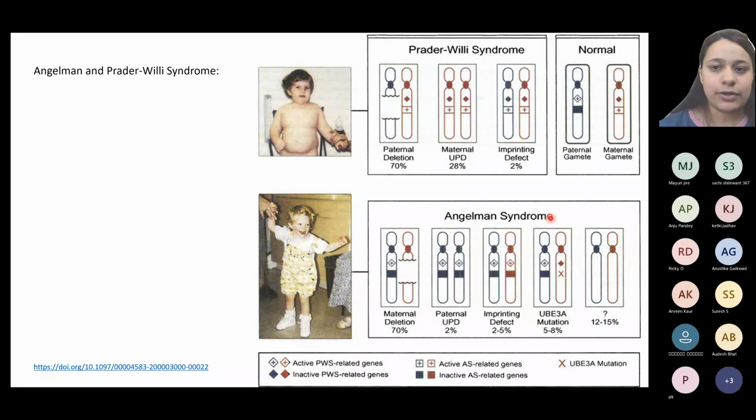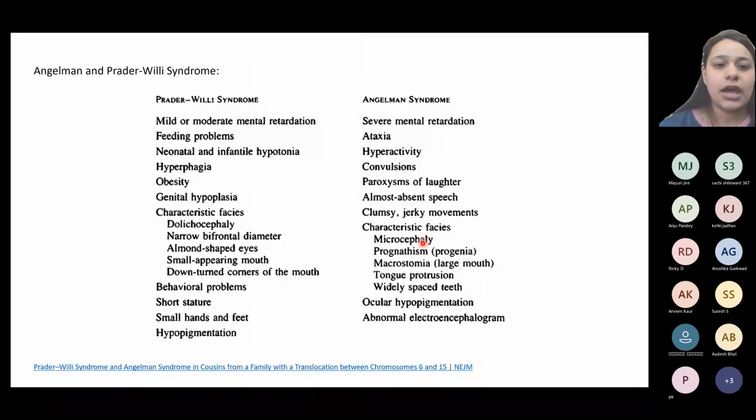Now somebody wanted to know what exactly the syndrome is. First thing you can remember is that Angelman comes from the name. You can deduce something from it, that is angel-like. Children with this syndrome have severe mental retardation, compared with children who have Prader-Willi syndrome, who have mild or moderate mental retardation.